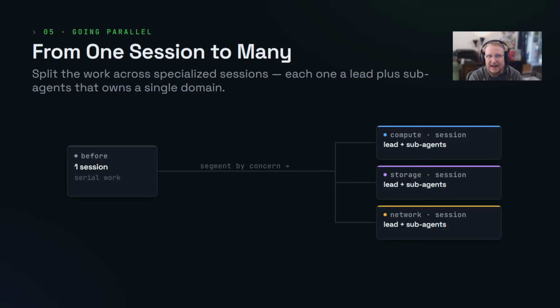And then I started solving that serial problem, and we scaled out to multi-sessions, right? I pivoted to another project that was created from the ground up specifically to test this multi-session idea. And in that project, we have compute, storage, and network domains. I created a new repo. I dropped a very bare README and a project file.